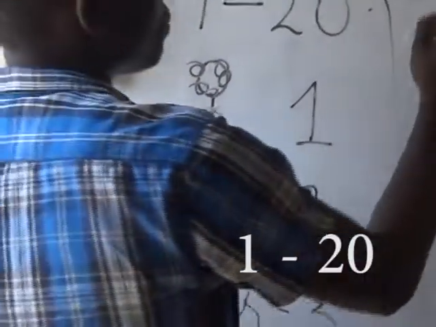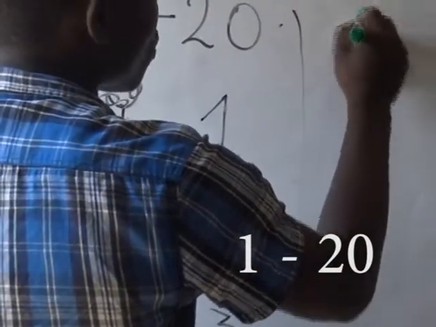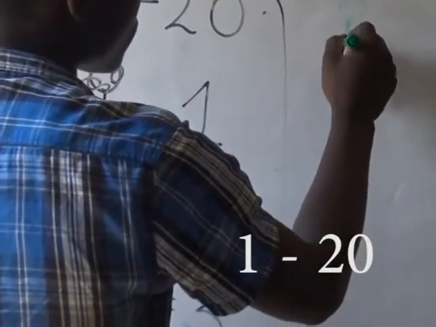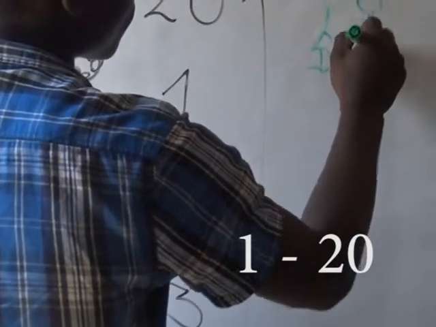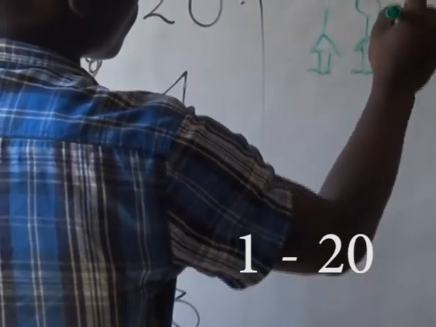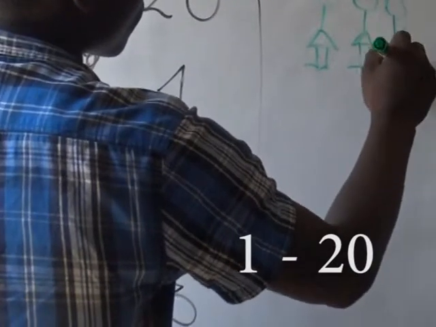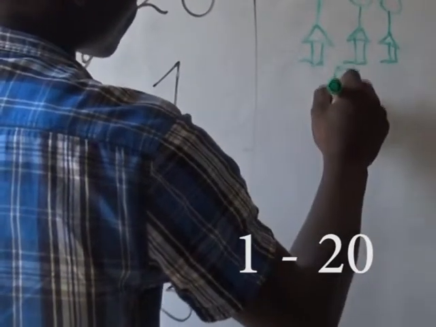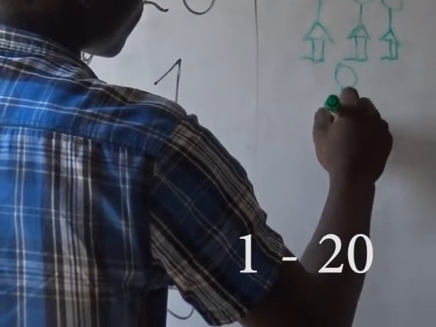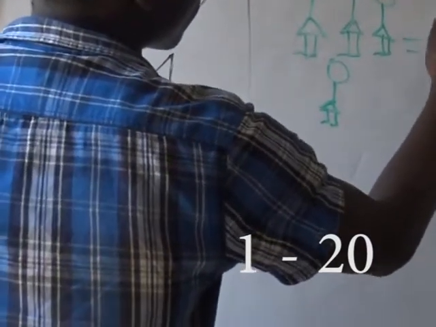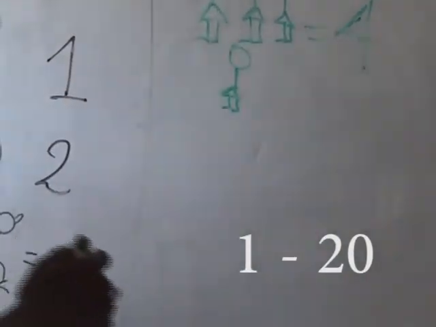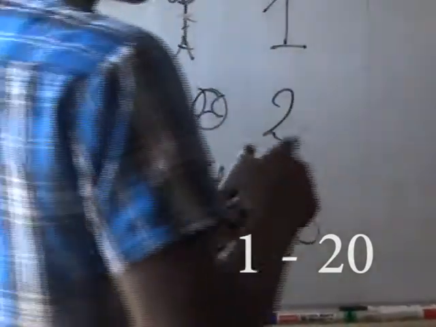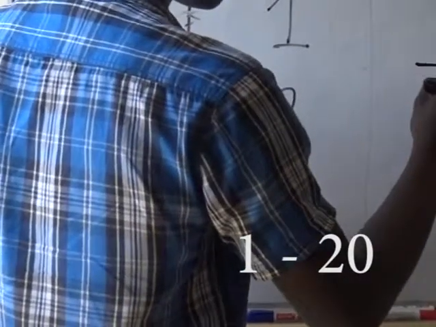Then we have 4 boys. That's 4. We have 5 cars.